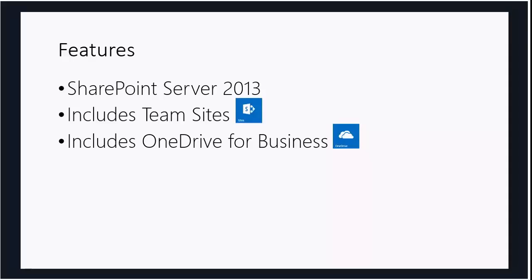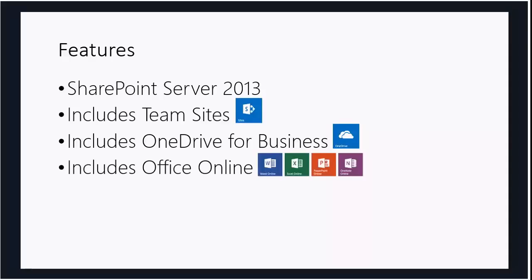An important distinction here is that OneDrive for Business is a SharePoint solution. It has SharePoint technologies, and it is basically a limited version of a team site that each individual gets. So within a business, when you buy Office 365 that includes a SharePoint SKU, you will get a team site for all the users, and each user will get a OneDrive for Business.